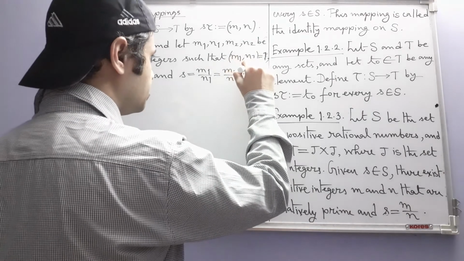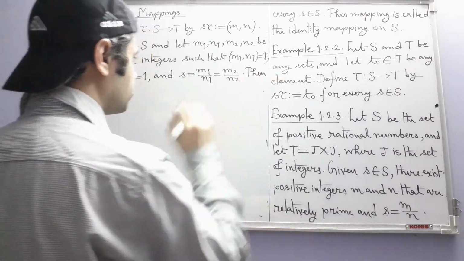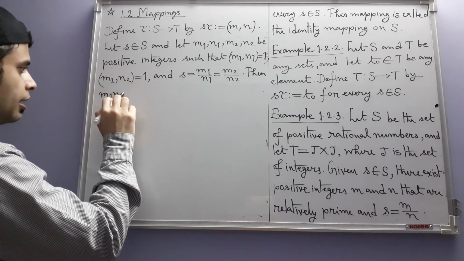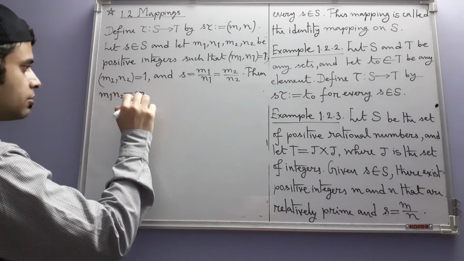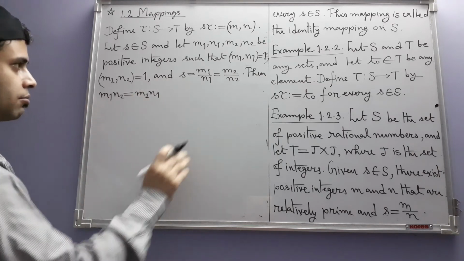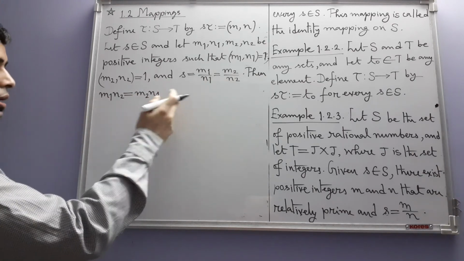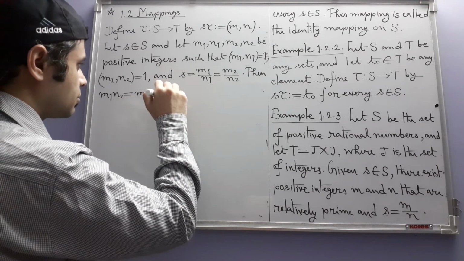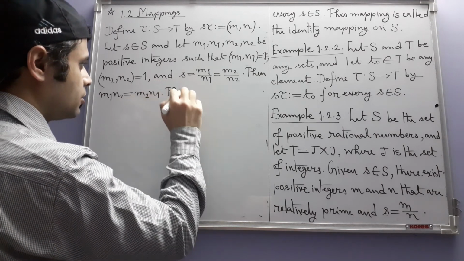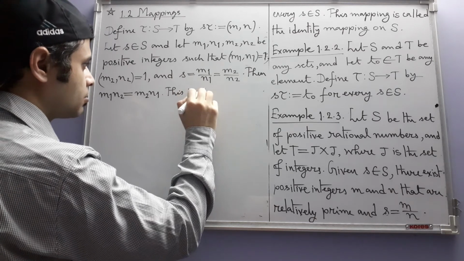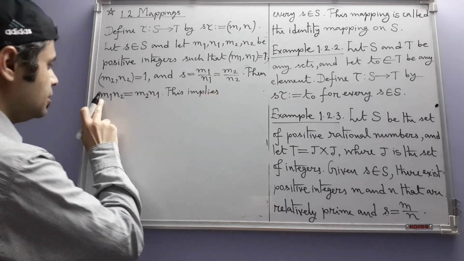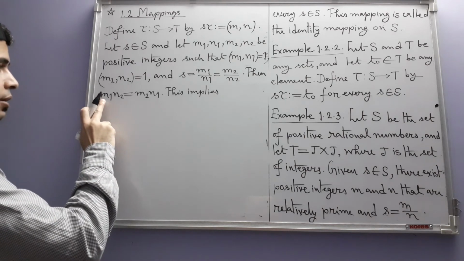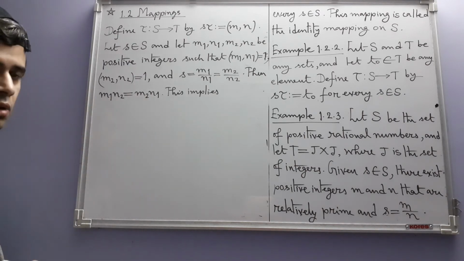Then m1 n2 is equal to m2 n1. Cross multiplying, we get this from this equation. This implies, since these are all positive integers, that m1 divides m2 n1.